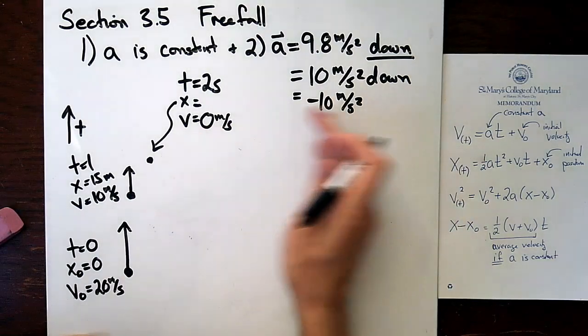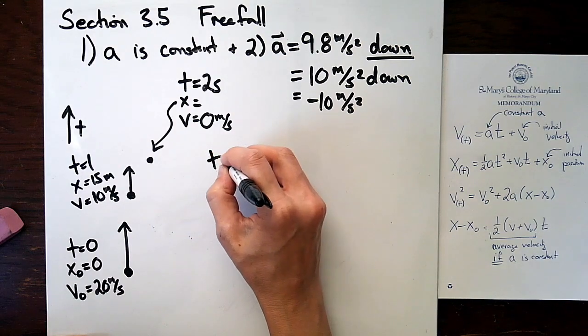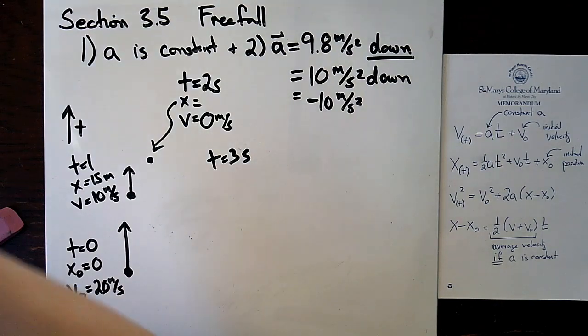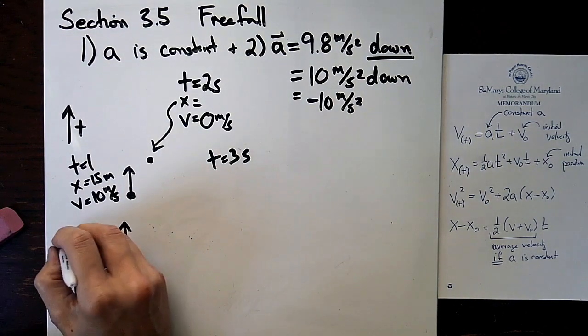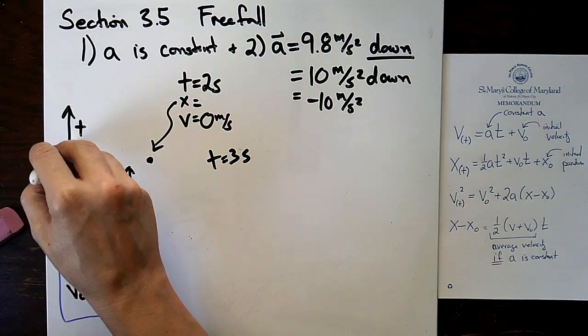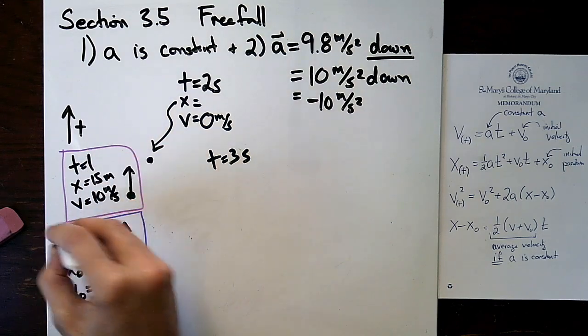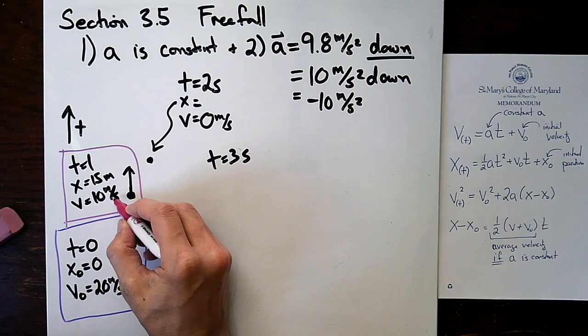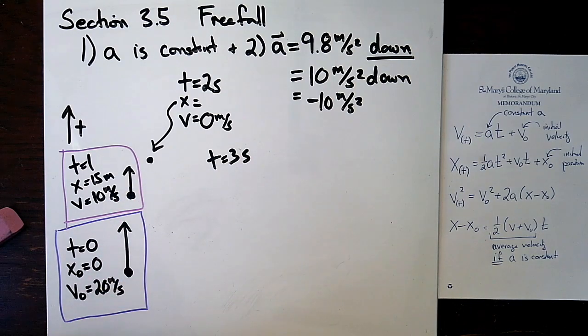Where am I going to be when time is equal to 3 seconds? Well, first let me just box everything up so we can keep track of it. There's when I start. There's t equals 0. Here's 1 second later. I'm 15 meters up in the air. My velocity has slowed down to 10 meters a second, though I'm still going up.